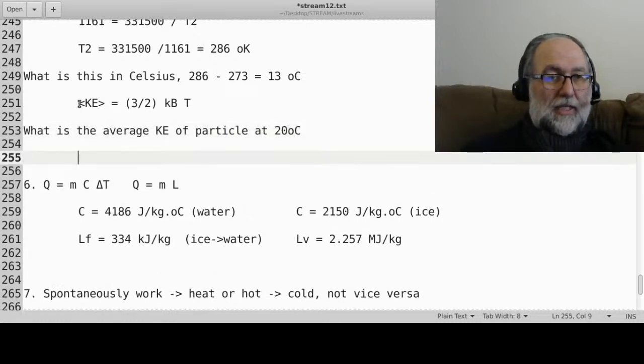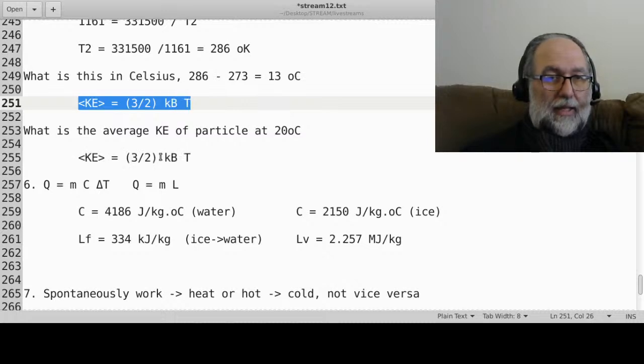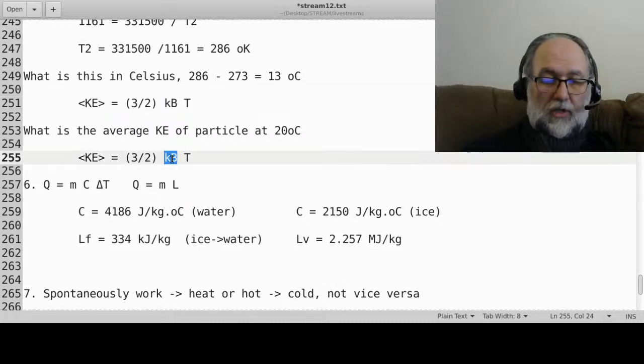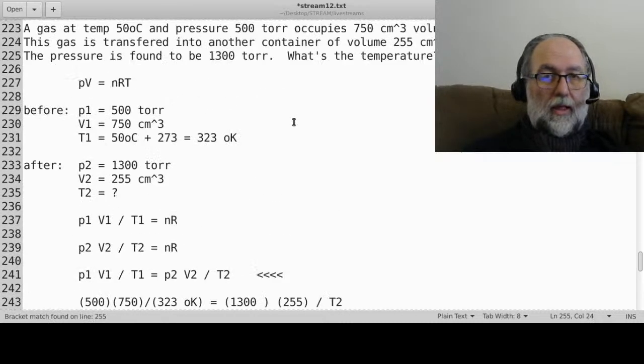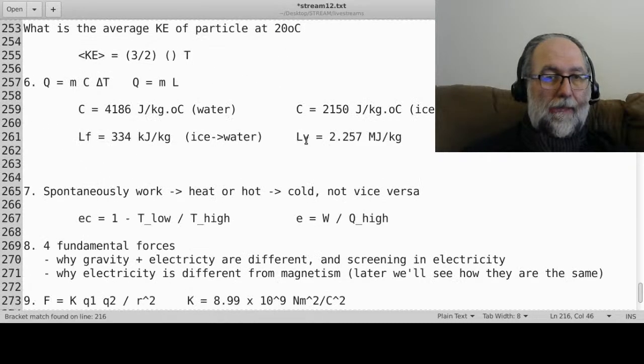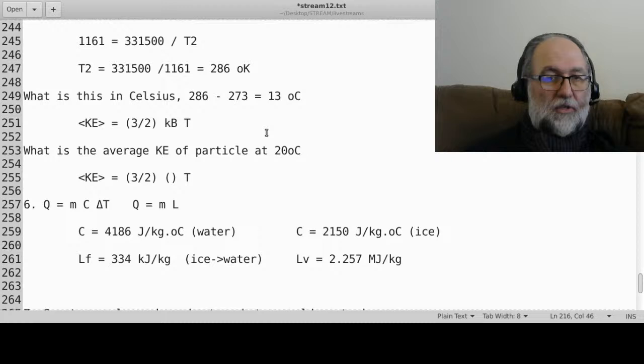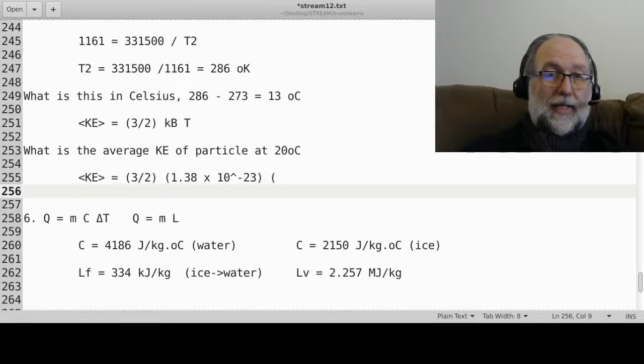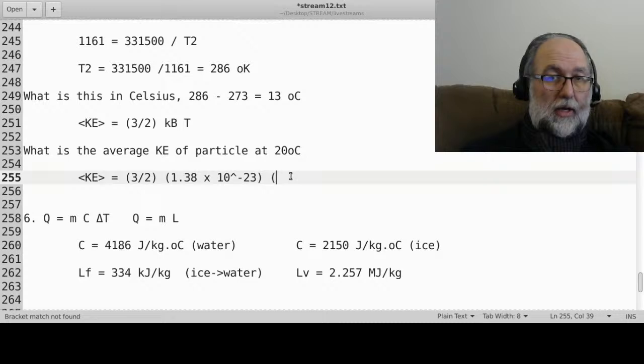Okay, and the answer would be, take that. So for k Boltzmann, we are going to put in this number right here. Whoops, I went too far. There it is. And the temperature has to be in Kelvin as well, so it's going to be 20 plus 273.